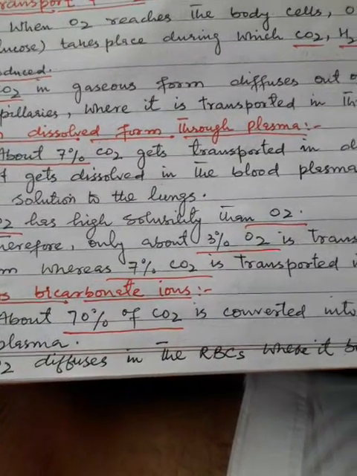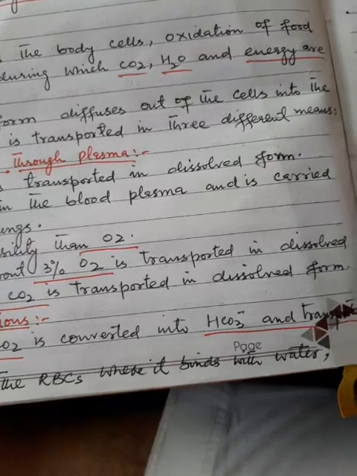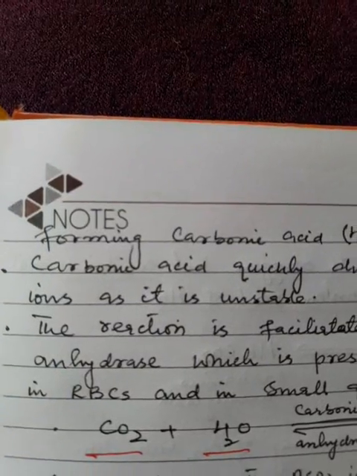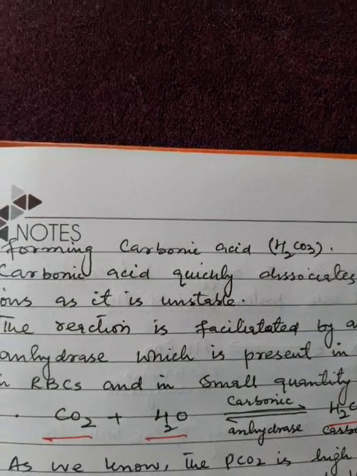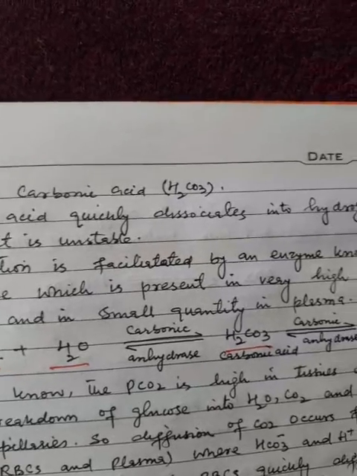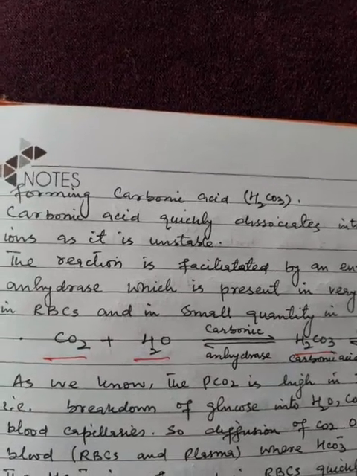Carbon dioxide diffuses into the RBCs, where it binds with water, forming carbonic acid, H2CO3. Carbonic acid quickly dissociates into hydrogen and bicarbonate ions as it is unstable.